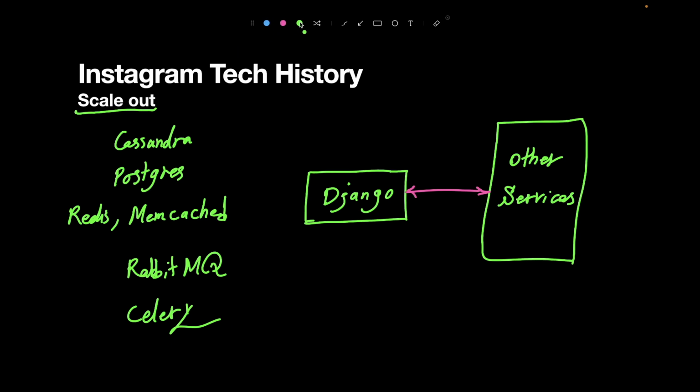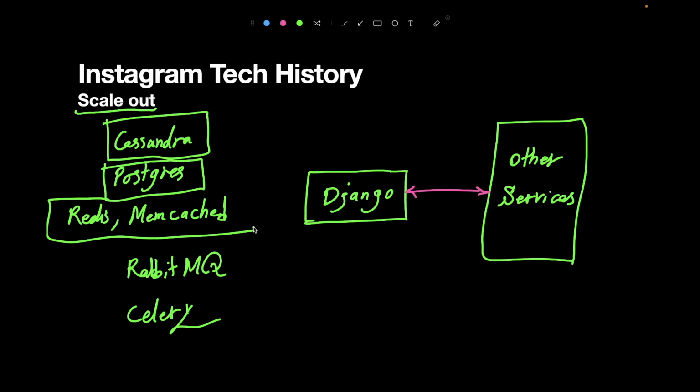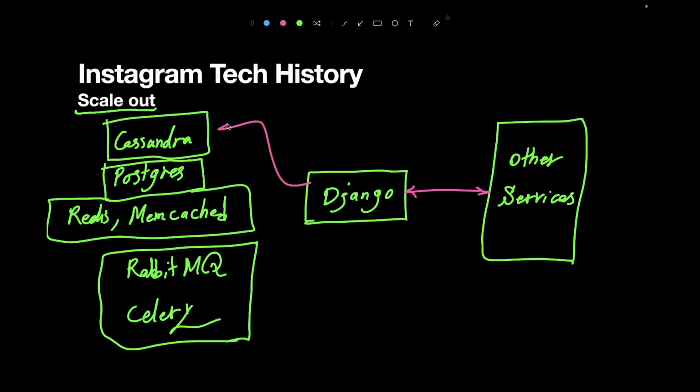So these are just the main components of the Instagram architecture, and Django has access to all these components. When a user sends a request to Instagram, Django receives the request and tries to create a response for the user.